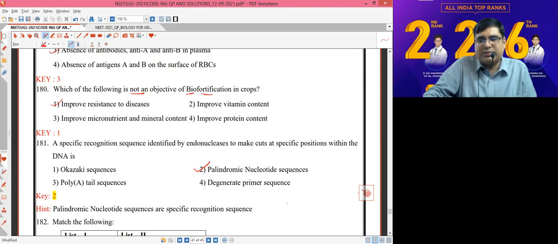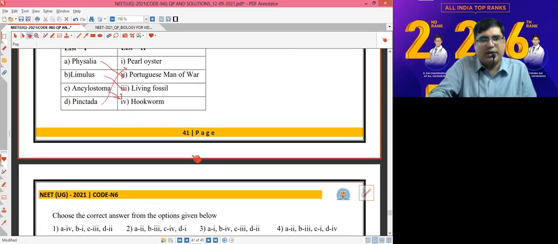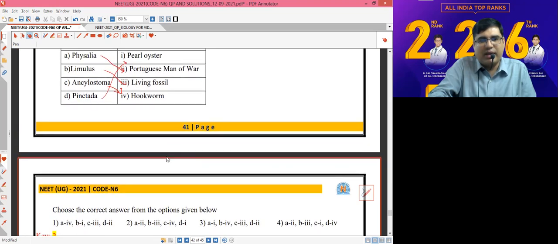Then next is match the following. Again, you can observe that match-the-following questions are more. Physalia is the Portuguese man of war. Limulus, king crab, right? Pearl oyster is Pinctada, and Ancylostoma is the hookworm. So here we need to identify.